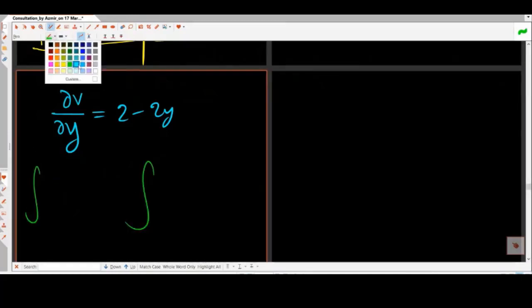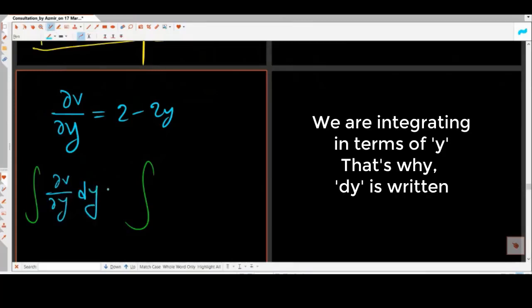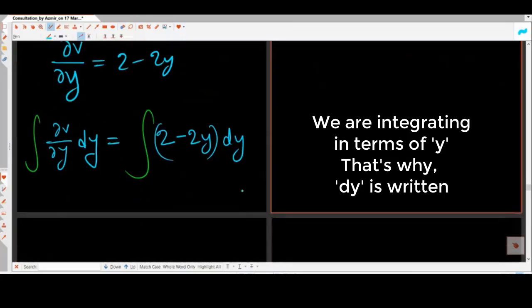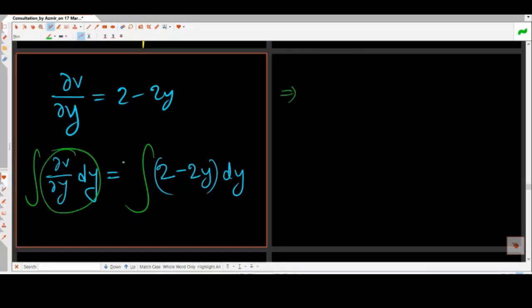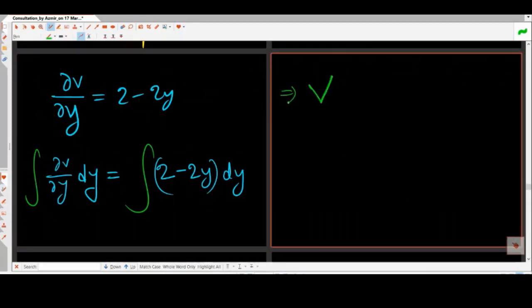So we have dv dy, and on the other side we have 2 negative 2y dy. So this part will give us v.